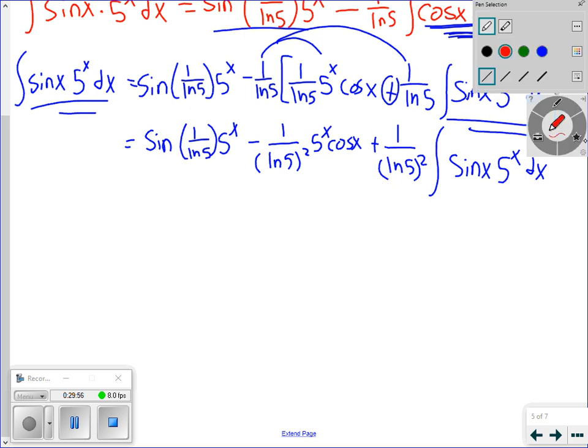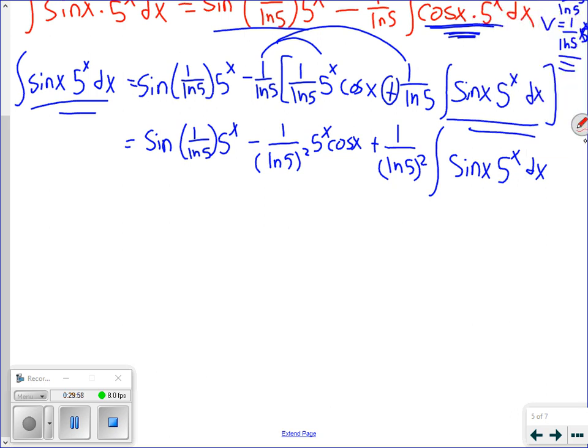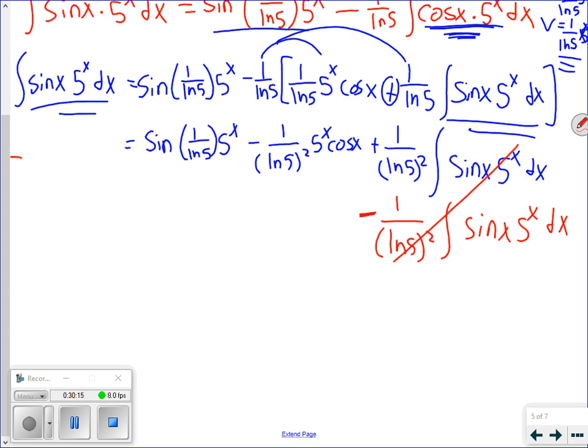So if I want to get this answer by itself, instead of adding, I'm going to subtract 1 over ln of 5 squared integration sine of x 5 to the x dx. That cancels this out, and if I were to subtract that over here, 1 over ln of 5 quantity squared integration sine of x 5 to the x dx.